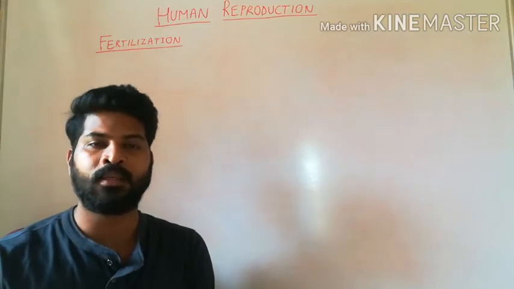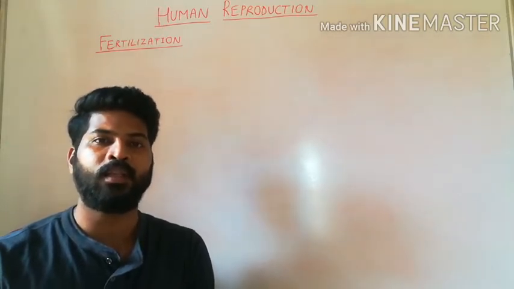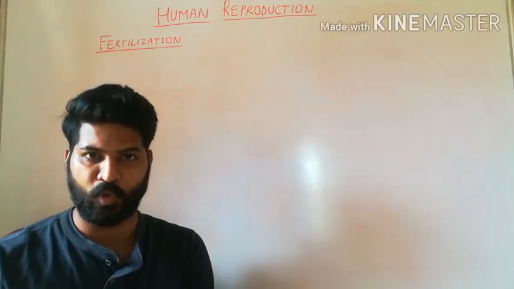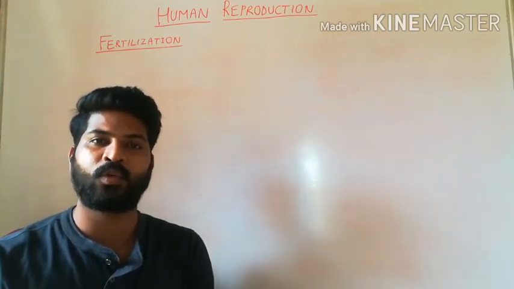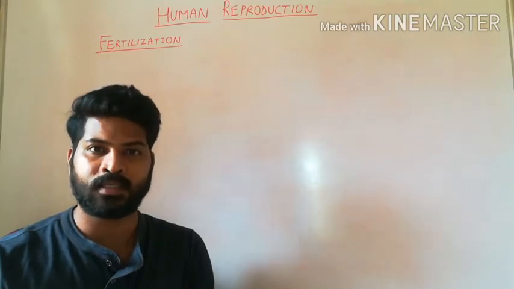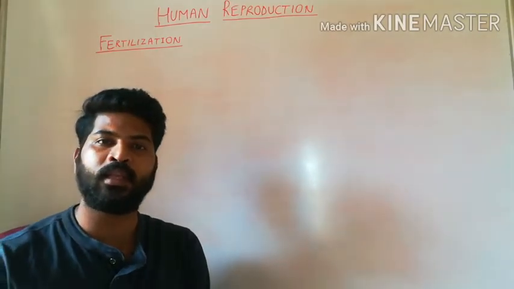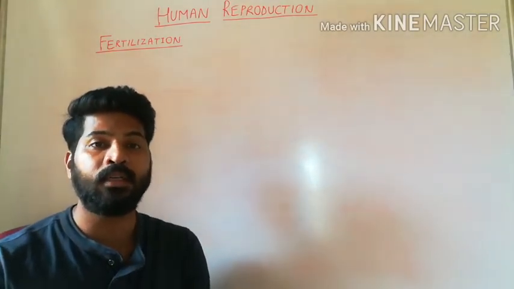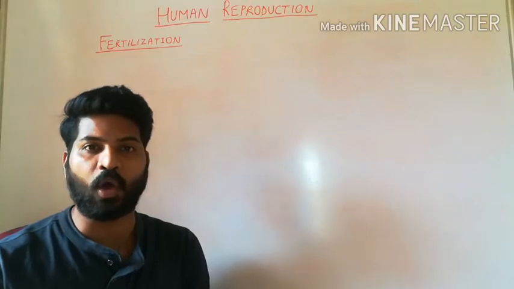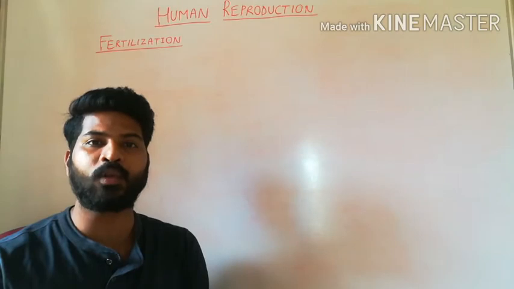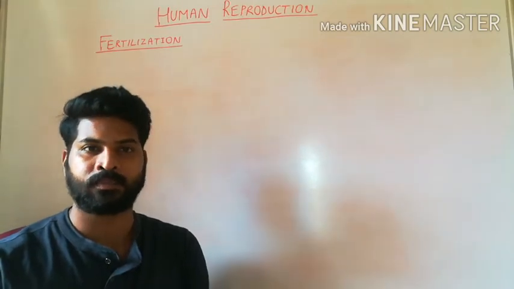From there, the sperms will swim vigorously with the help of flagellar movements, and through the cervix they enter into the uterus, and from the uterus the sperms will then swim and reach the ampullary region of the oviduct where the ovum is already present.